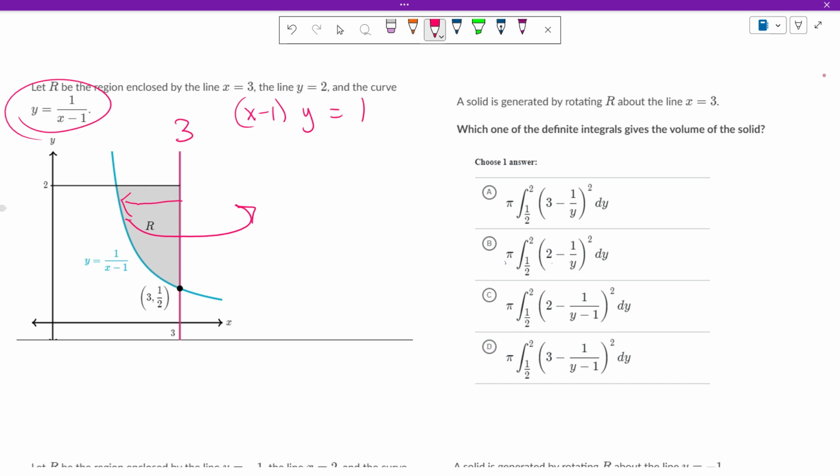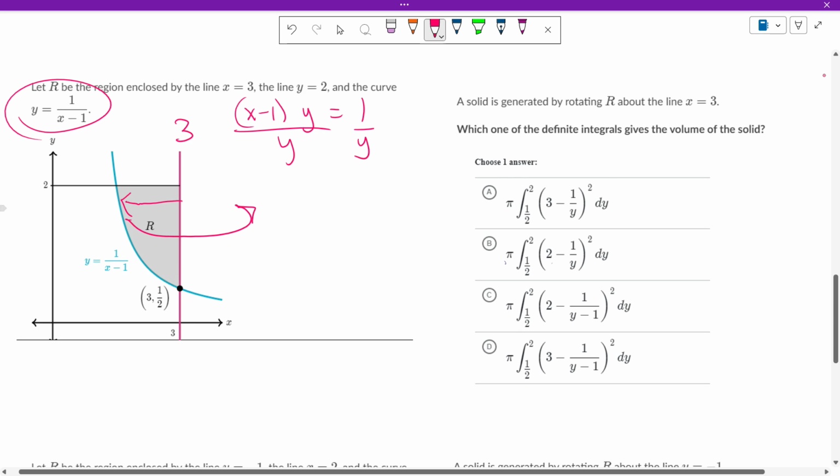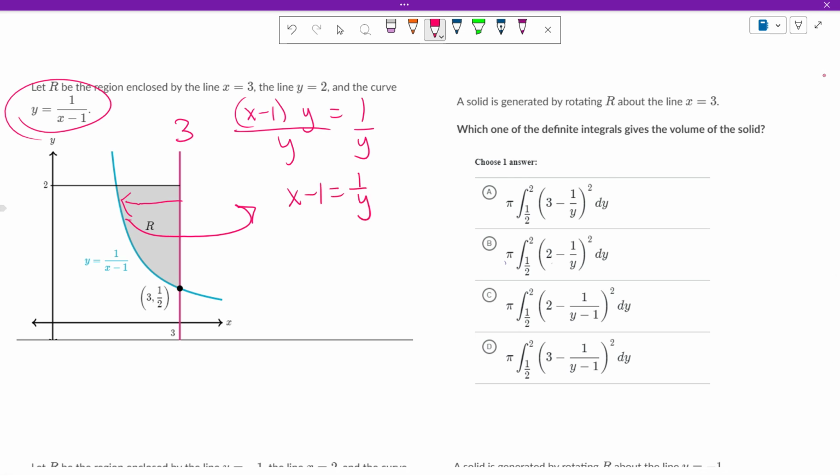Then what I'll do is, should I distribute? No. Let's divide by y. So x minus 1 equals 1 over y. So x equals 1 over y plus 1. So our integral is pi from where to where, since we're doing a vertical wrap?